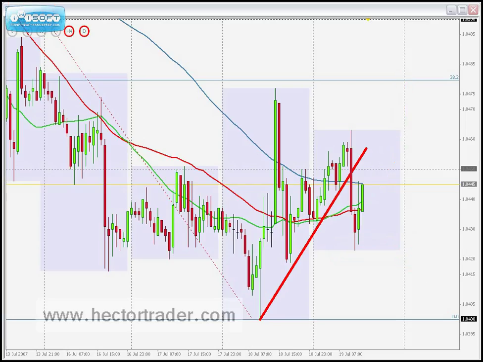Remember that you only get filled on a sell stop order once price drops to that level. So if price spikes to the upside, you will not be filled on this trade. You simply cancel it, and no harm done. You are all right, because you are not positioned in this trade.